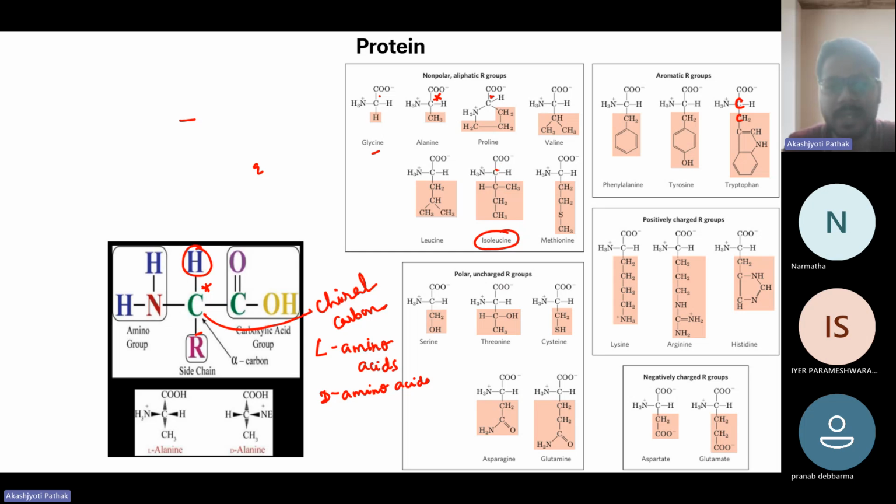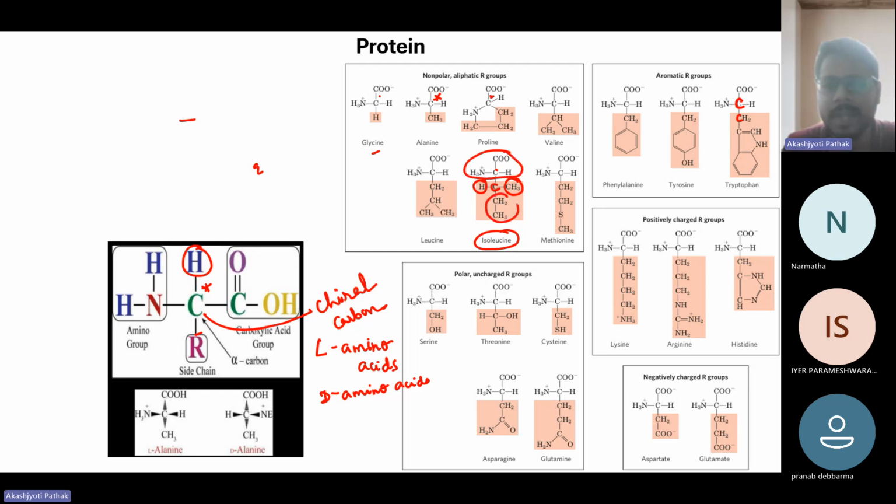This first carbon is chiral, right? Because it is attached to this carboxyl group, amine group, this hydrogen, and this big side chain. And this carbon is also attached to four different groups: CH3, H, CH2CH3, and this.